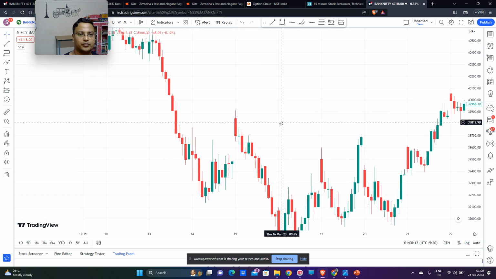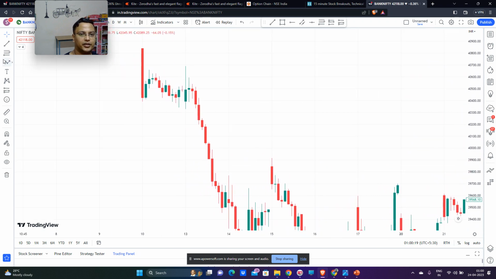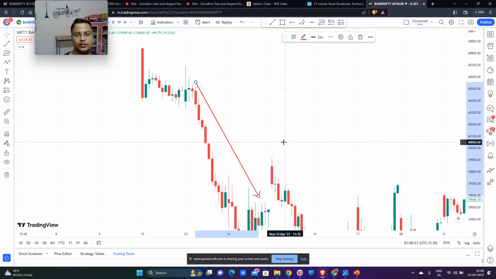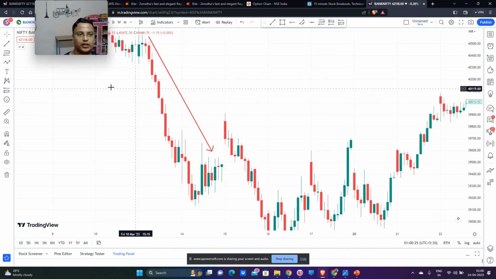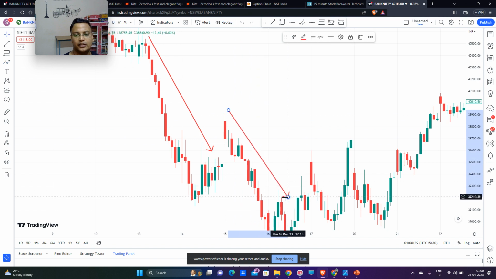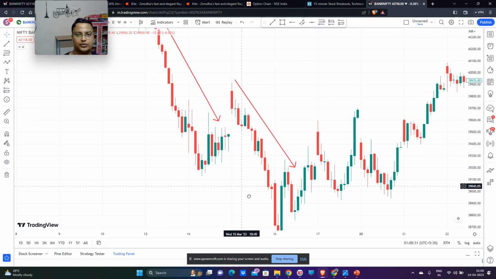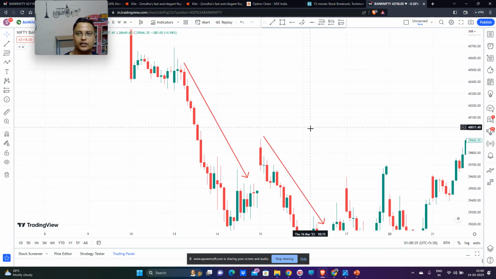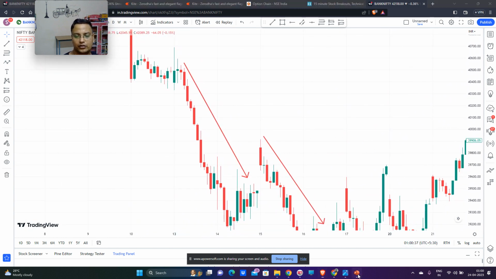This is another example. Now you can see the bears are in control. I hope you get the meaning of what I want to tell you. Here the bears are in control. Now look at the candlesticks. You can see the major candlesticks are in red. This shows that the bears are in control.